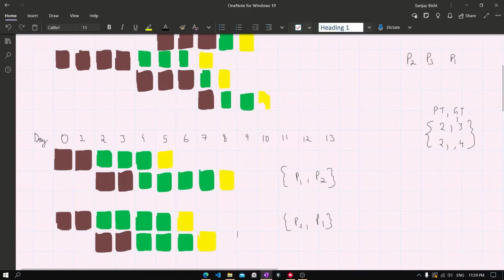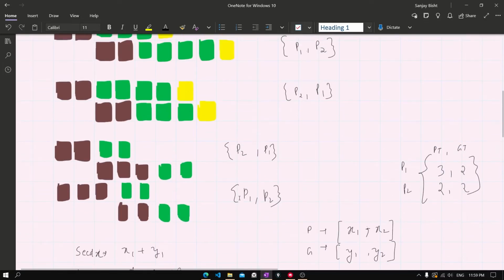The plant time was exactly the same, the only difference was the grow time. So that means our answer is affected by the grow time. Let's do one thing: let's keep the grow time the same and use different plant times and see whether it is affecting the answer or not.